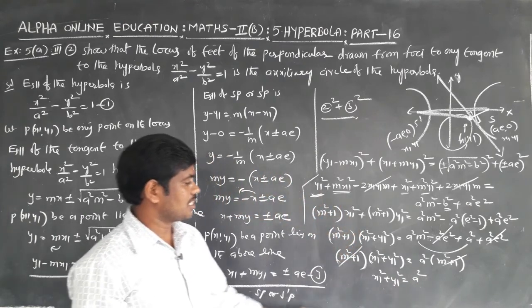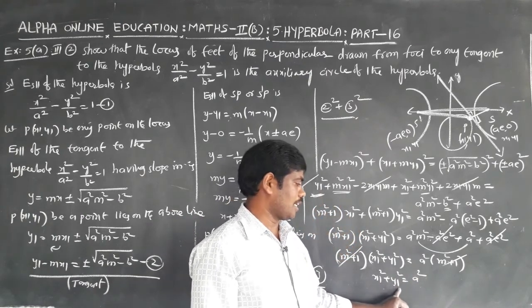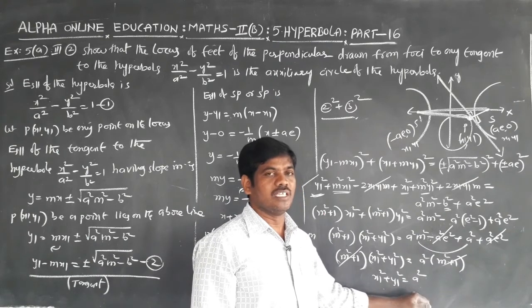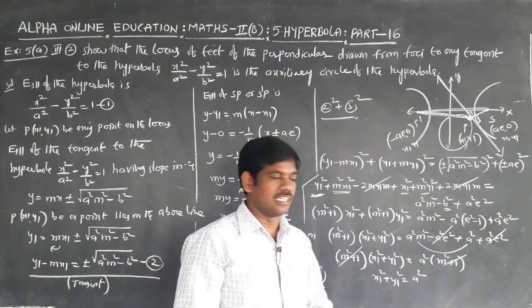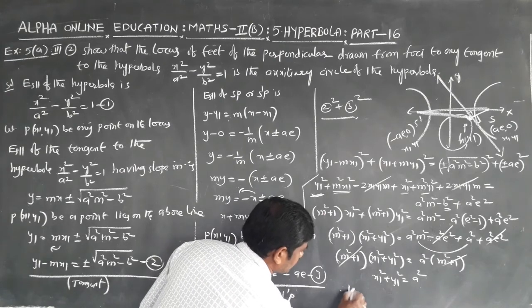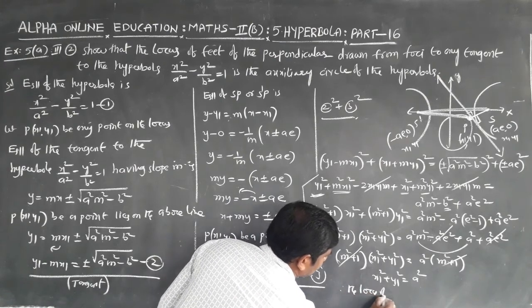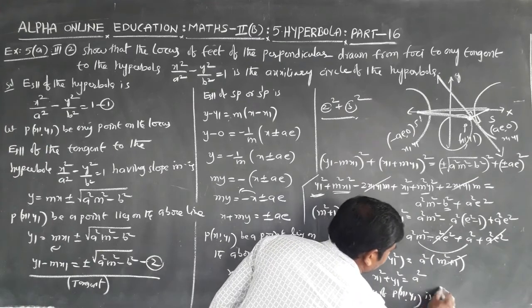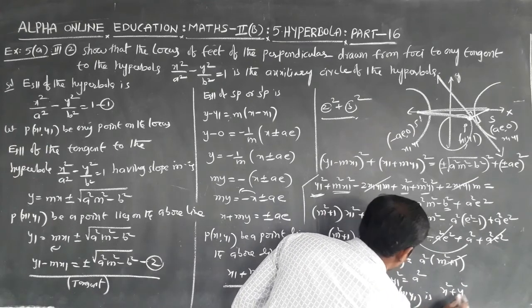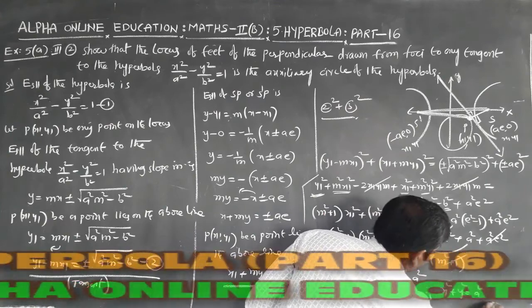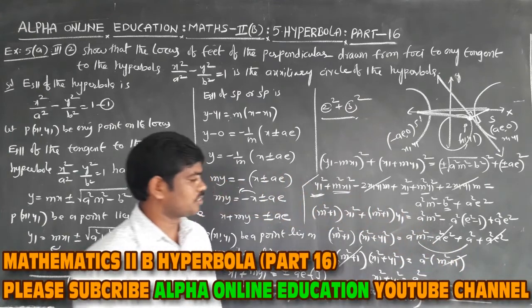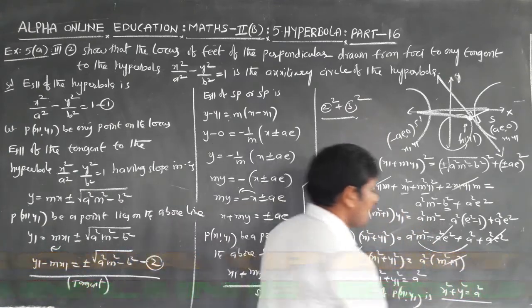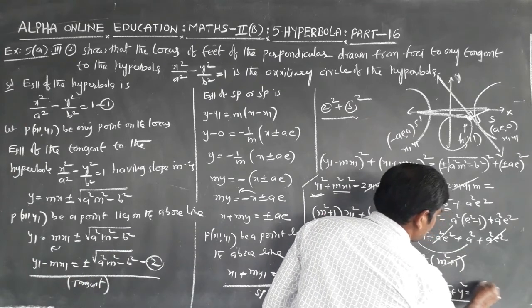This is the locus of P: x1 square plus y1 square equal to a square. This is the auxiliary circle. Therefore, the locus of P(x1, y1) is x square plus y square equal to a square. This is the auxiliary circle.